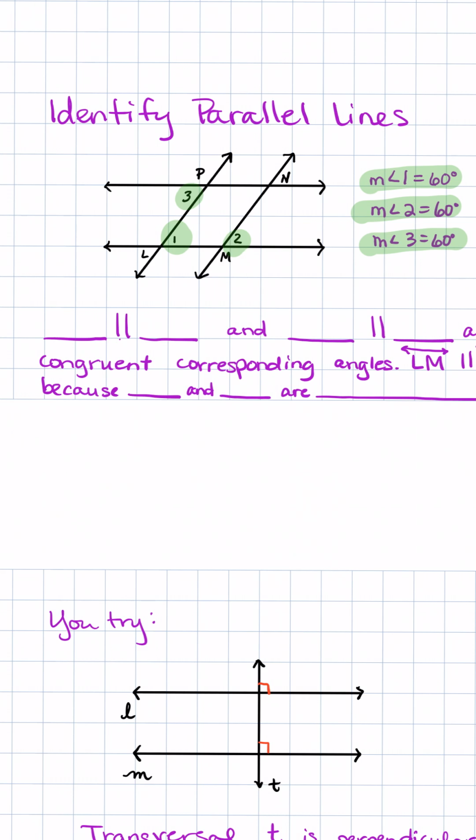Explain how you know that this is how you write the lines. Line LP, so that would be this one, is parallel to line MN.